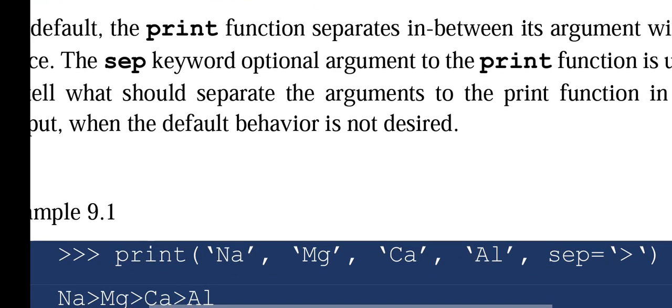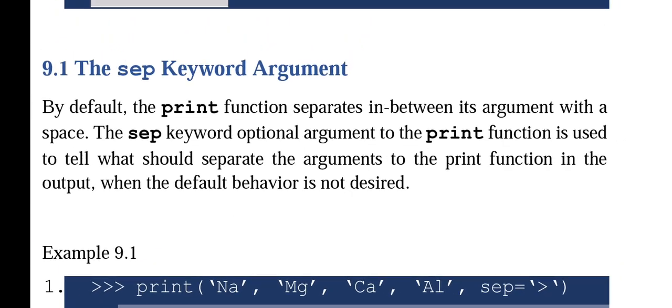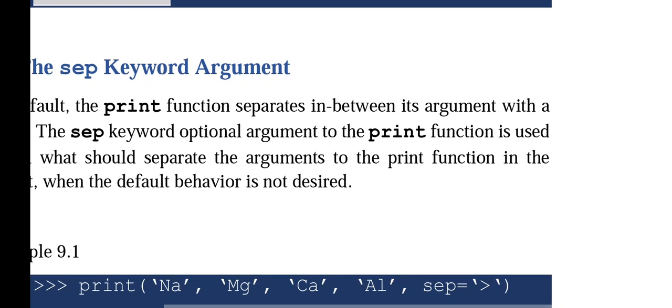This is example 1, where the print function is called with arguments. The first argument is Na, the chemical symbol for sodium. The second one, Mg, magnesium. Third one, Ca, calcium. And the fourth one, Al, aluminium. All represented using their chemical symbols, as you know from chemistry.